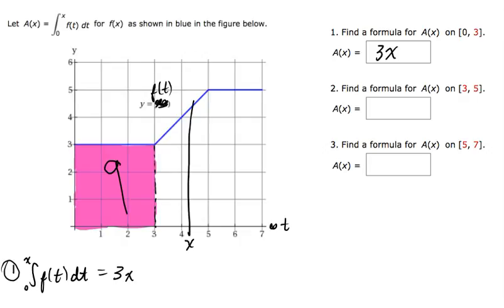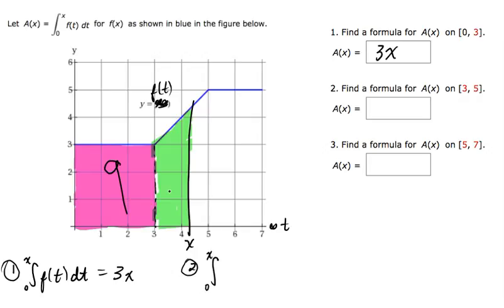So the shape of this region is a trapezoid, which you can split into a rectangle and a triangle, or you can use the trapezoid area formula for this. So the integral from 0 to x, if x is between 3 and 5, let's write it out.